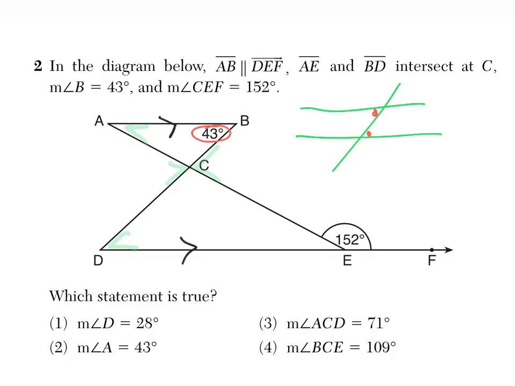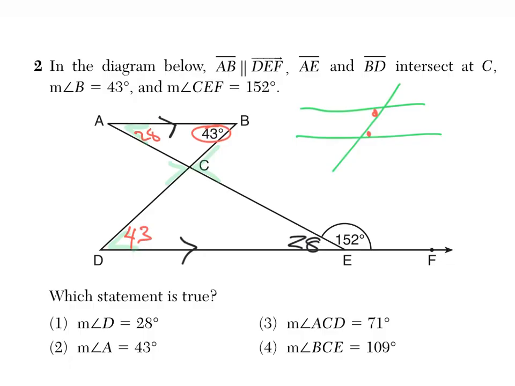And I notice that if this is 43, we've got alternate interior angles making CDE also 43 degrees. I also notice a linear pair right here. So if this is 152 degrees, this angle right here is going to be 180 minus 152, which is simply 28 degrees. And then once again, with two parallel lines cut by a transversal, we've got alternate interior angles, and angle BAC is also going to be 28 degrees.